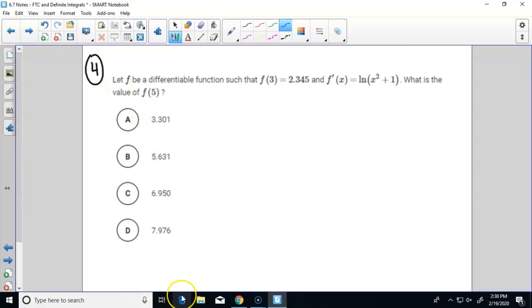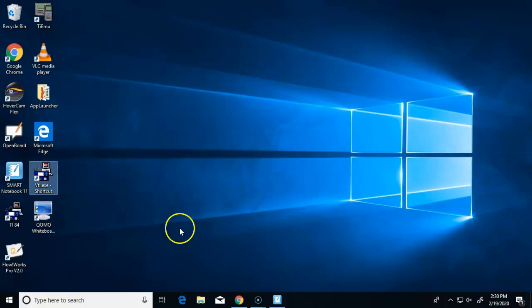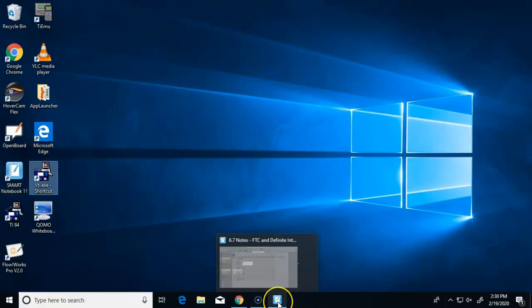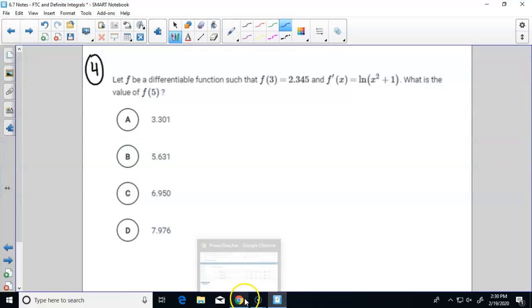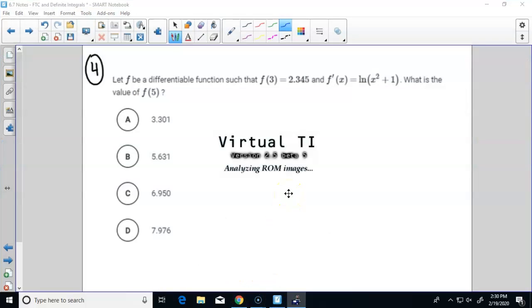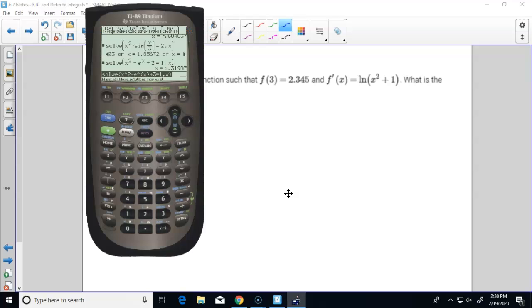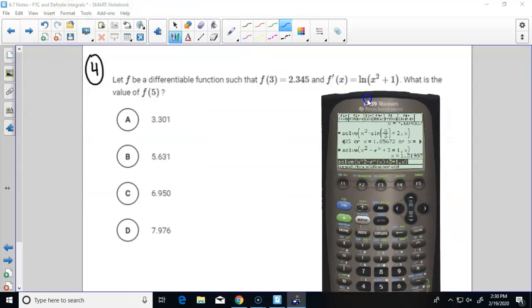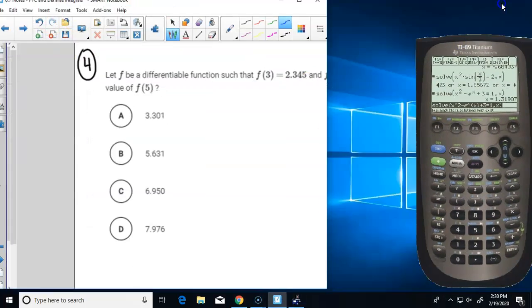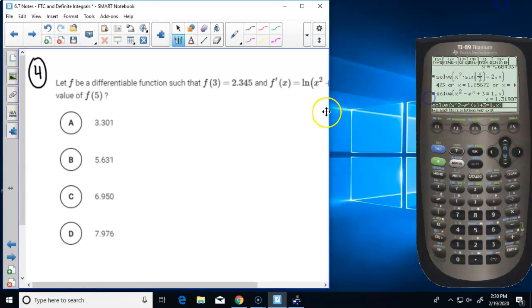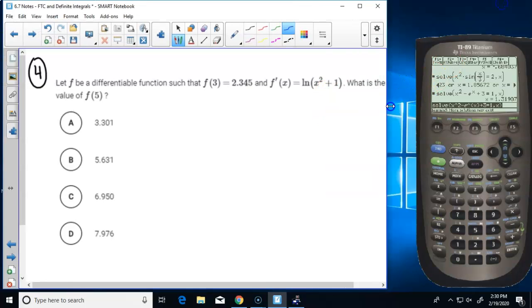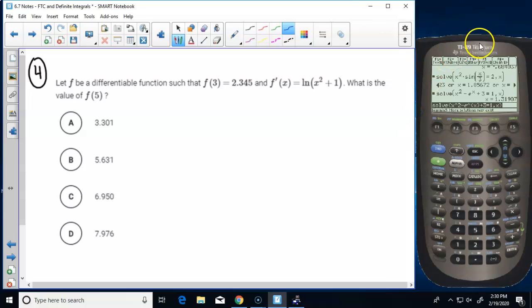You can sort of tell by the answer choices we're probably going to need that calculator.